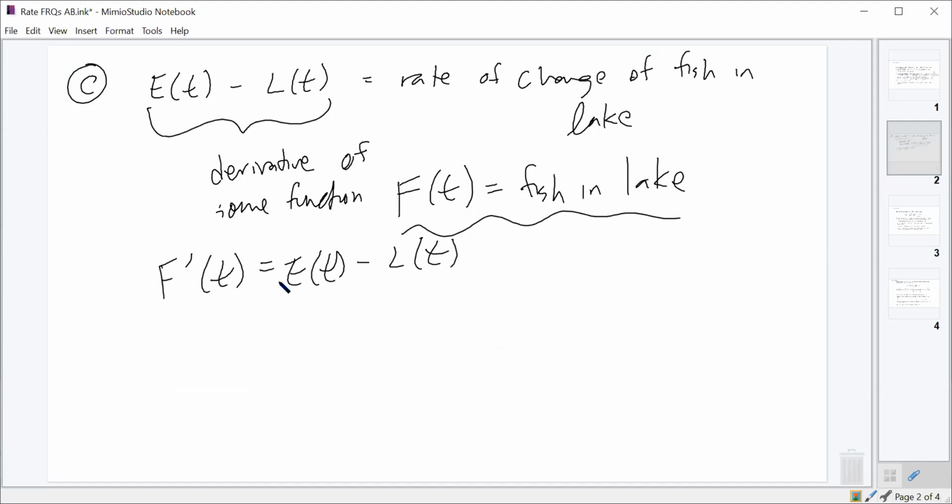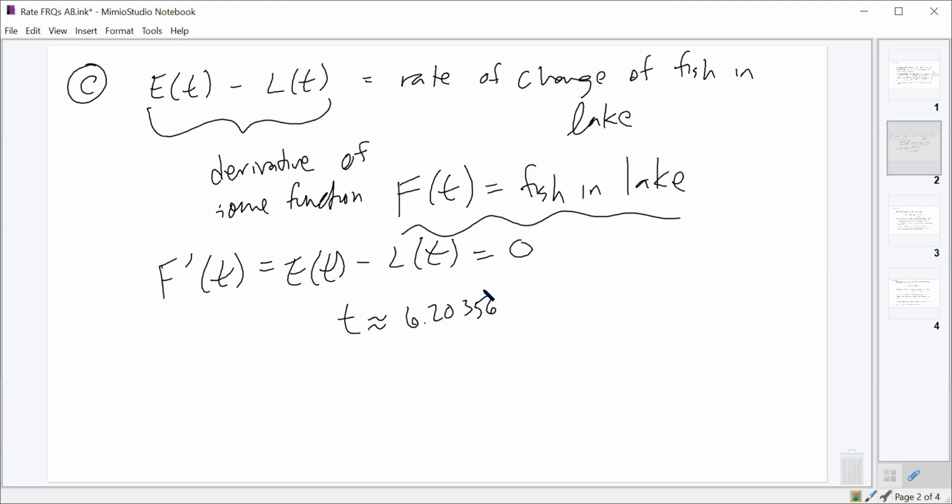And to figure out when that's at a max, we set this equal to 0. And so you've got a graphing calculator. Your graphing calculator can tell you when the E of t minus L of t function crosses the x-axis, or effectively it can tell you when E of t equals L of t. And that happens, according to your graphing calculator, at a t value of 6.20356.